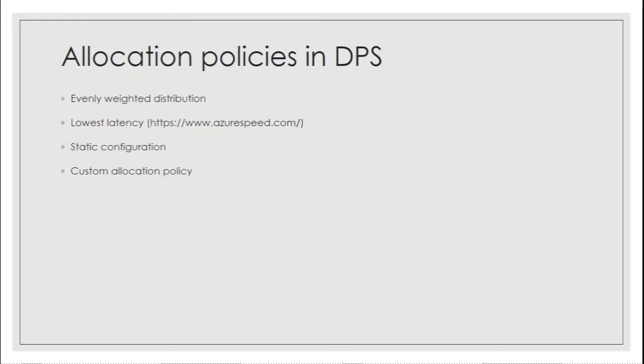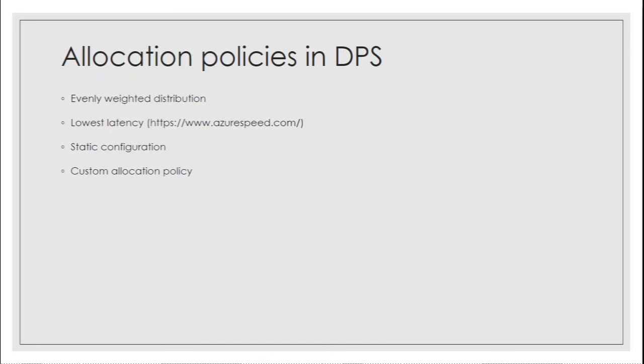The first device will go to the first Azure IoT hub, the second device to the second, the third to the third, and the fourth will come back to the first. So it will try to evenly distribute the devices across the IoT hubs, and if there is an odd device, it will go to the next one available.